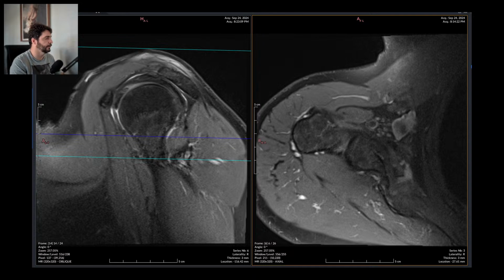So this is a chronic shoulder, just as we anticipated because of the clinical history they wrote about on the exam order. Just finishing up. Subscapular.